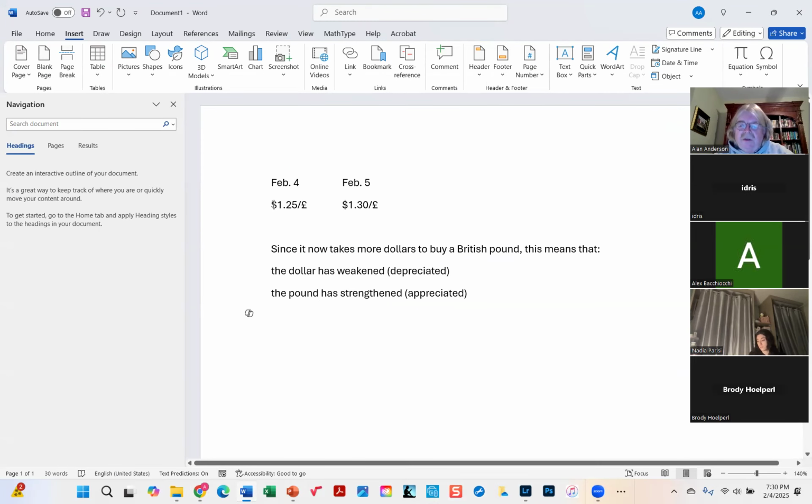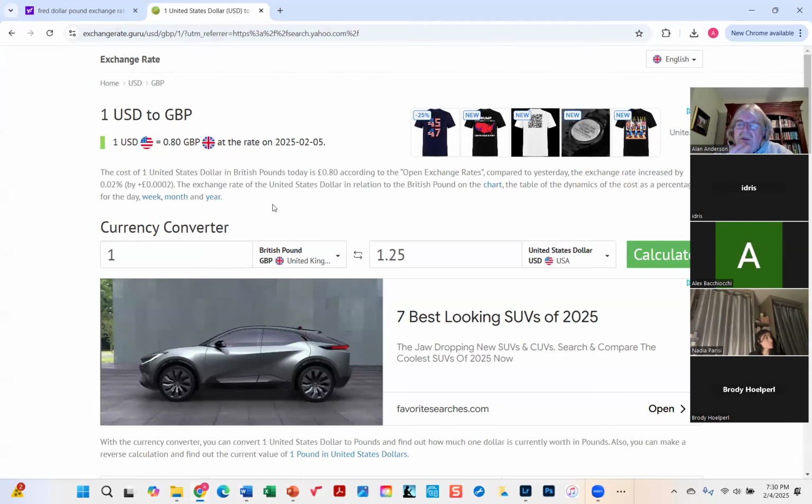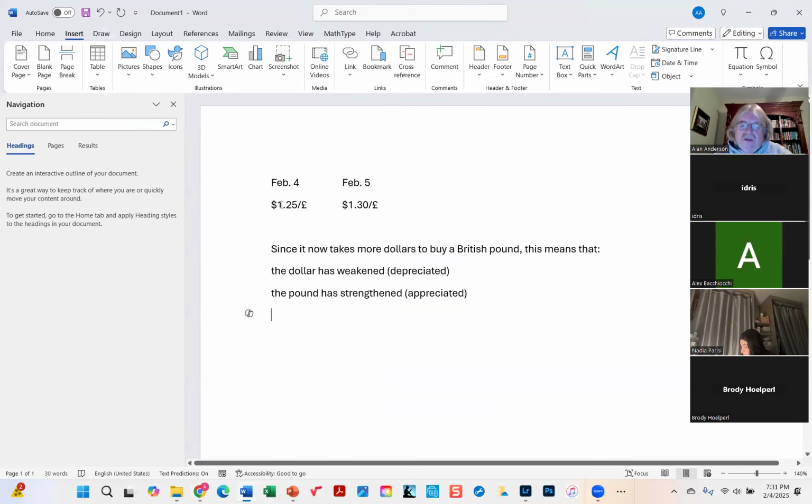I find this to be much clearer when you write it like this. But in practice, you might find that when you look at exchange rate quotes, let's say in the Wall Street Journal, it might be written like this. I don't know why they have to do it like this, but I find it easier to write it like this. So this tells me that the dollar price of the pound is $1.25, and here it's $1.30.